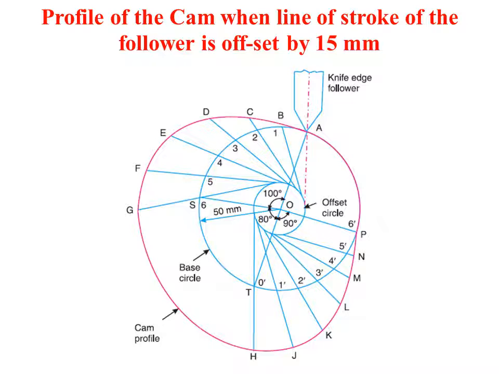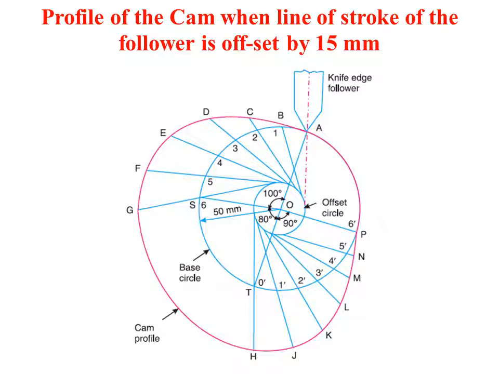From the center O we can measure 15 mm, and through the right side of the offset circle circumference just draw a straight vertical line such that it passes through the base circle at point A. Now join O to A. With OA as the base, measure angle 100 degree, that is the outstroke, then 80 degree dwell, and again 90 degree as the return stroke.